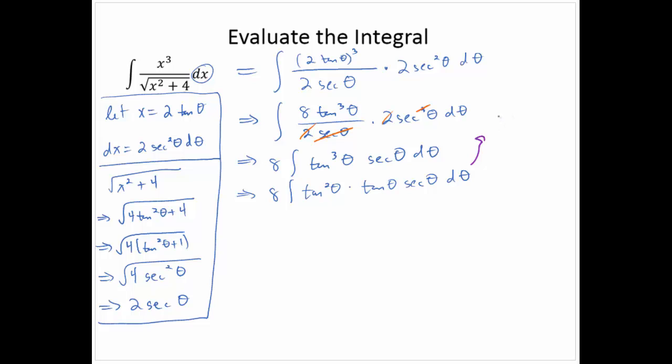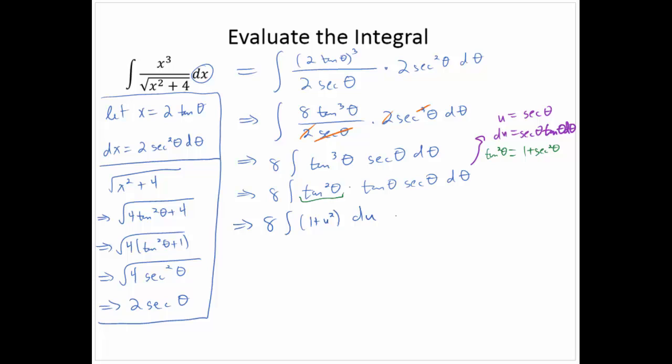If I let u equal secant theta, then du is equal to secant theta tangent theta d theta. And I'll also remember that I can replace that tangent squared theta with secant squared theta minus 1. So then this becomes 8 times the integral of u squared minus 1 du.